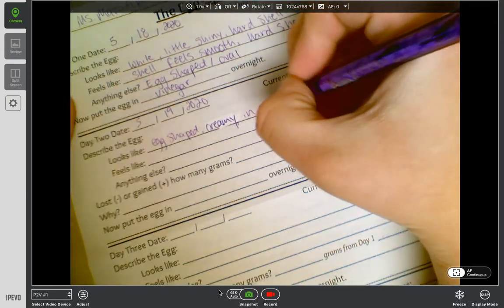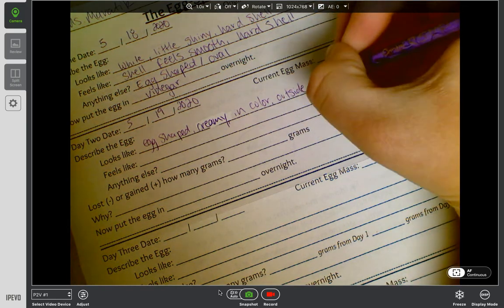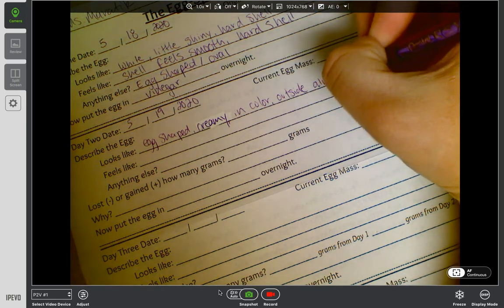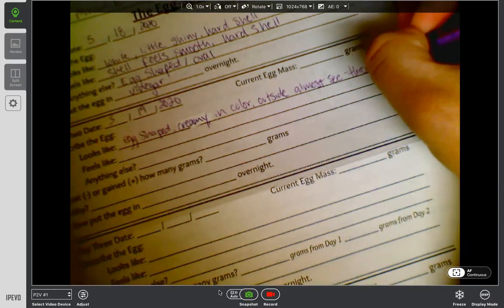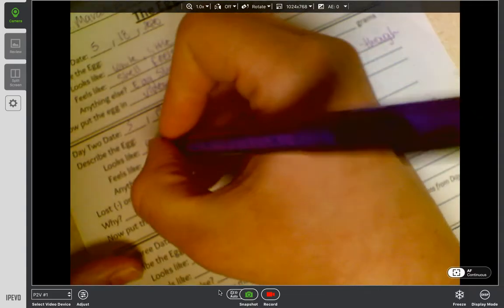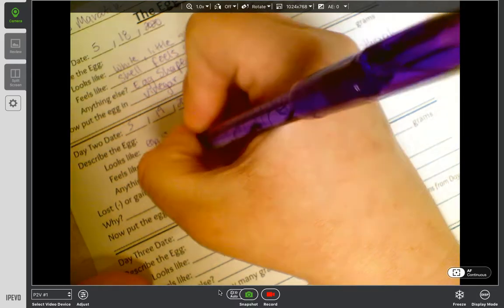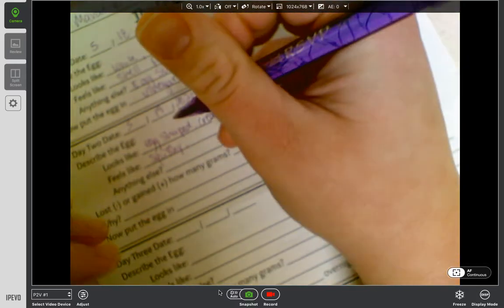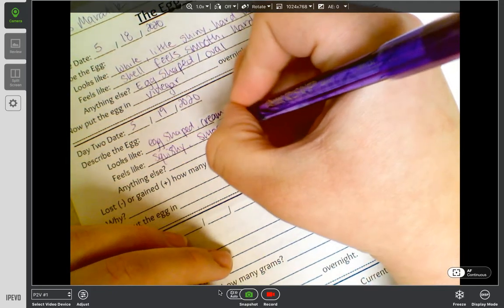Creamy in color, outside, almost see-through. So it feels like we can say that it is squishy. We can say that it has a smooth outside.